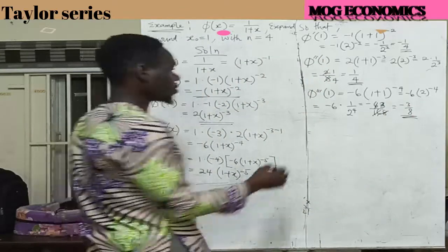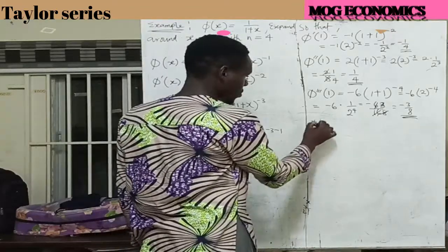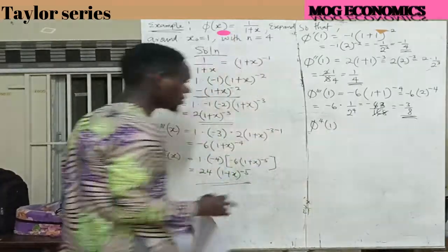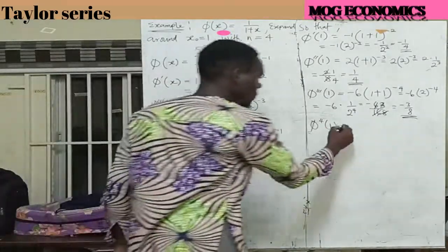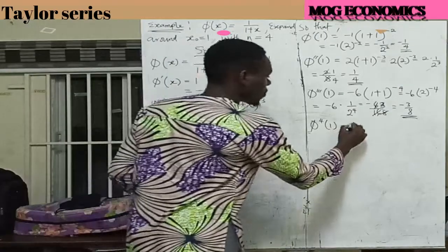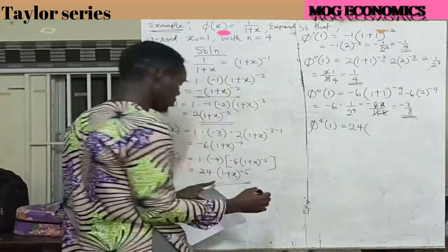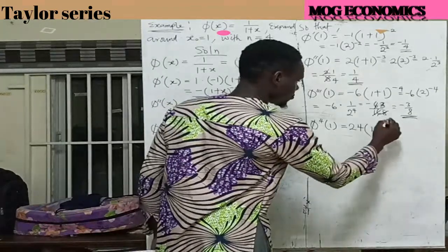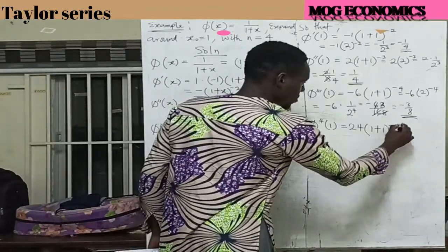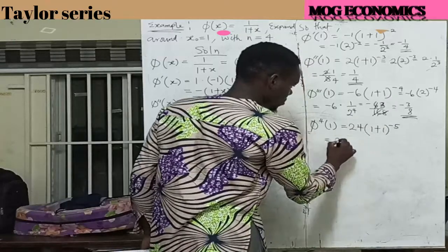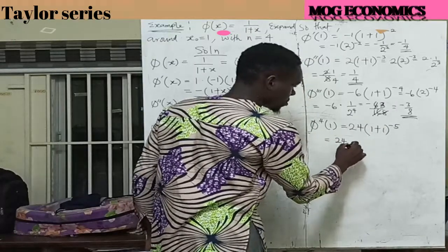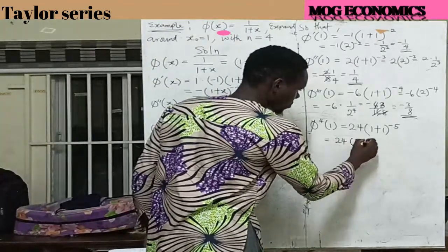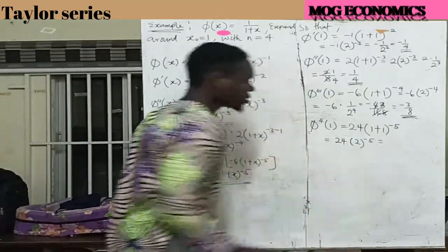And then for the fourth order derivative here, we have 24, 1 plus 1 raised to the power of minus 5.